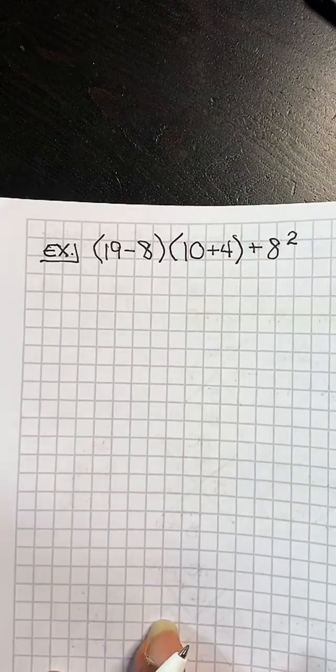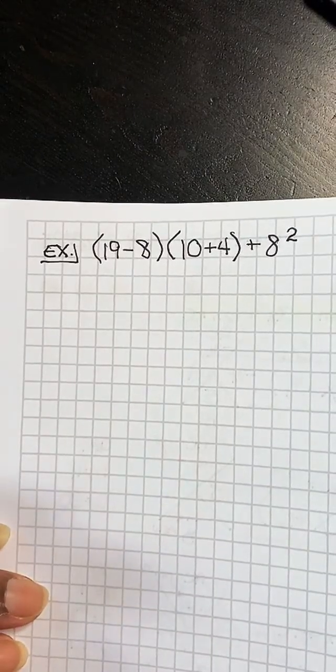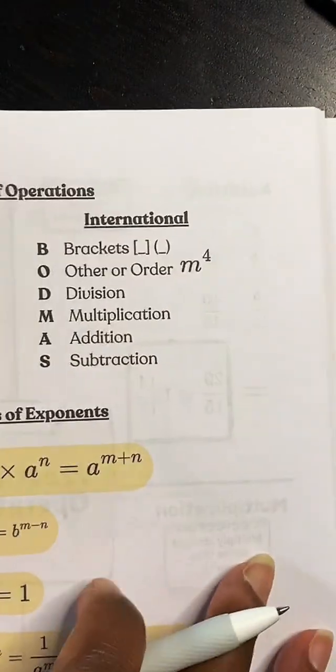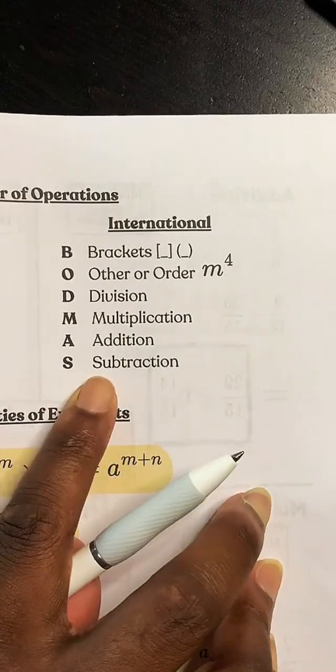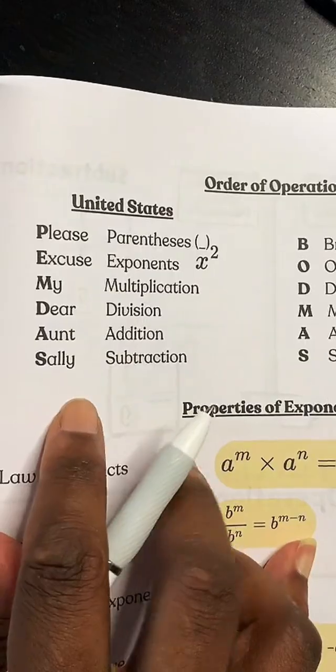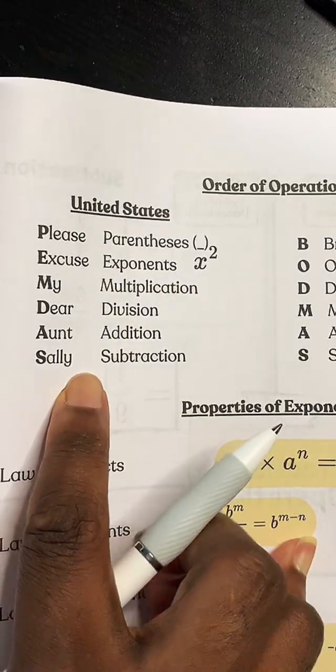All right. So, please excuse my dear Aunt Sally. Now, if by chance, I have to say this, give me a moment, if I'm insulting those of my international peeps, because I know some of you guys know it more as this, okay? If you're in the U.S., we're so used to PEMDAS. Please excuse my dear Aunt Sally.